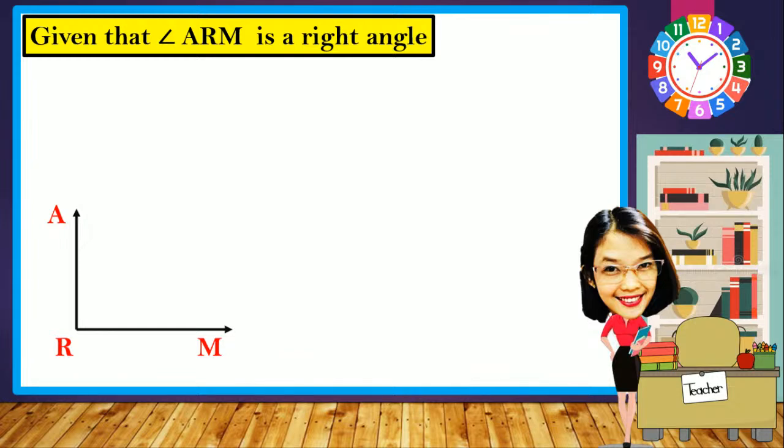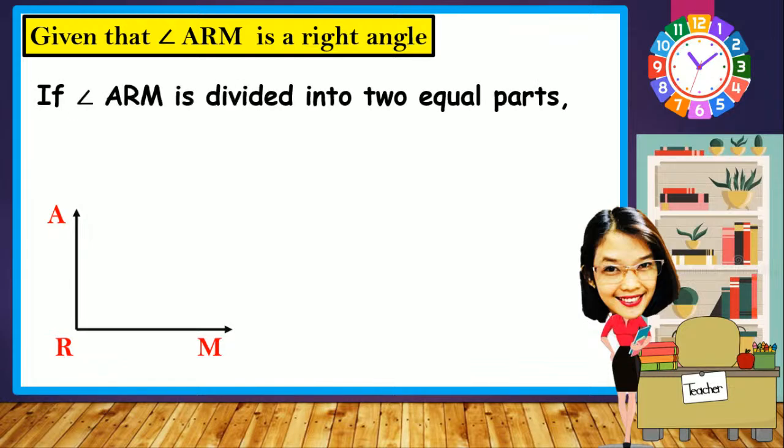Okay, that's correct. Since angle ARM is a right angle, then the measure of it is 90 degrees. Now, your answers are all correct. It's 90 degrees. So, say for example that angle ARM is divided into two equal parts.